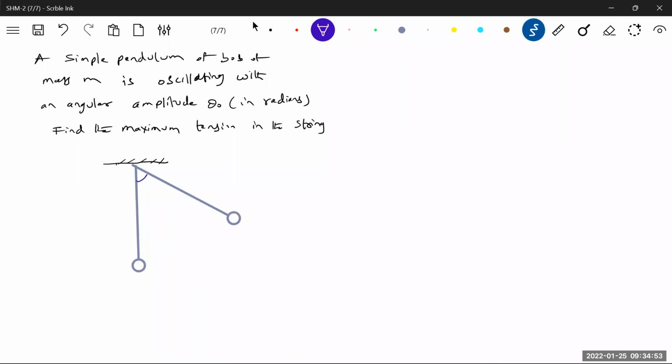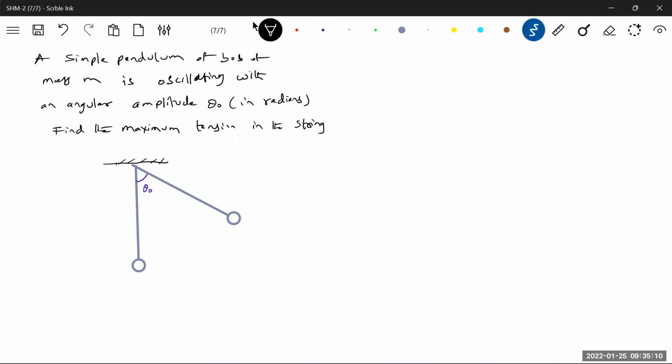I'm helping you with the diagram. This was the maximum amplitude. So when it is oscillating, find the maximum tension in the string during the oscillation.